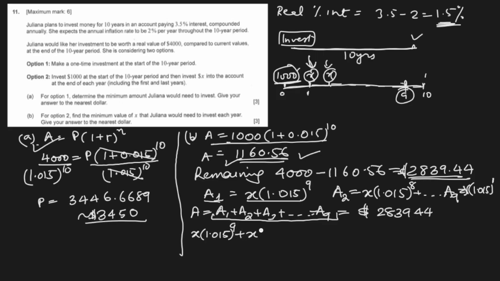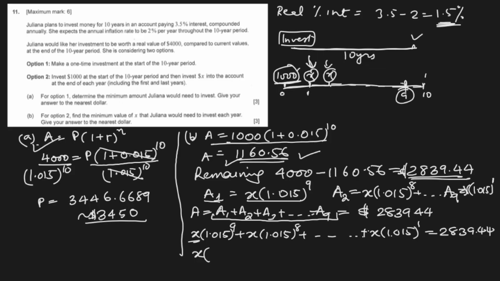Second is X times 1.015 to the power 8, plus, and the last one will be X times 1.015 to the power 1, and this has to be equal to 2839.44.